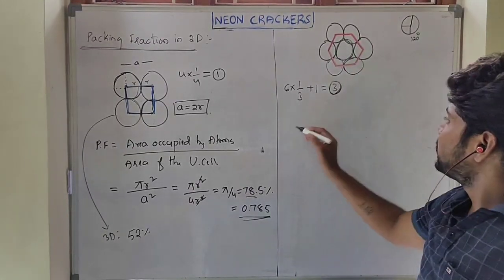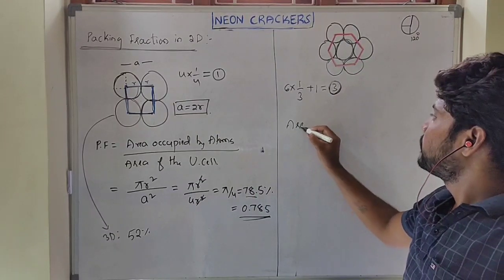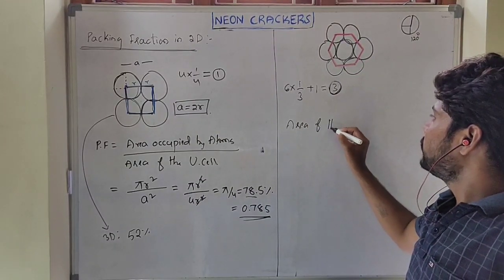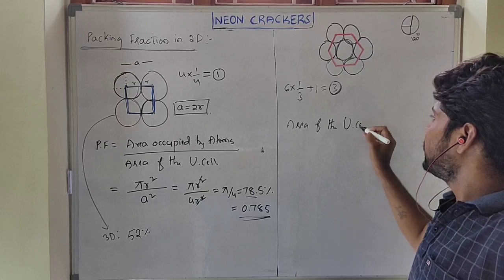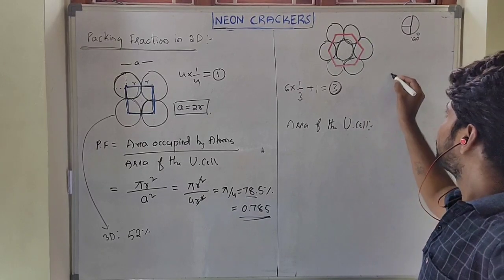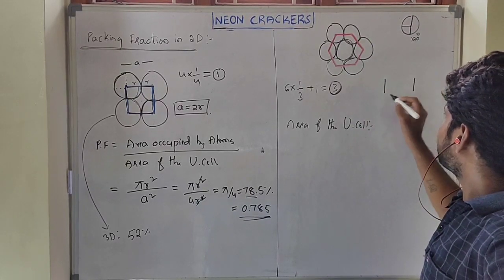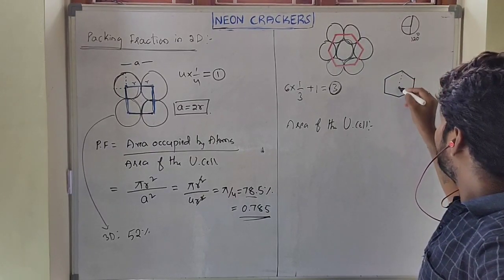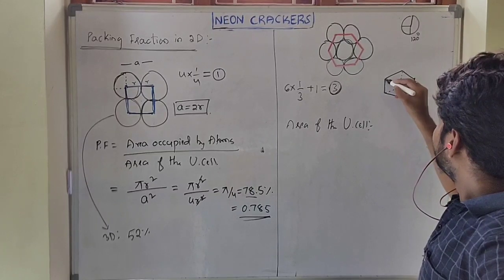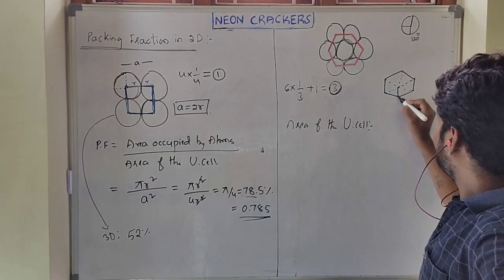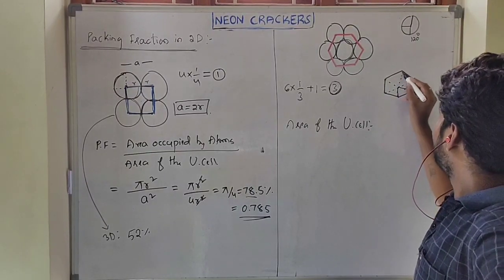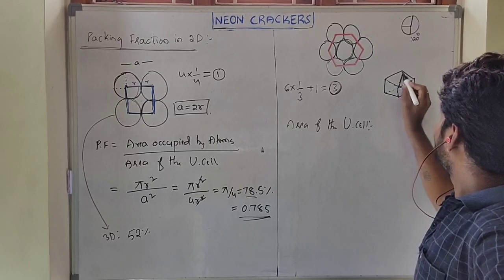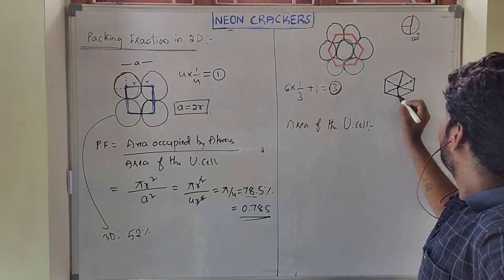And what is the area of the unit cell? This is the hexagonal structure. If we draw perpendicular lines, we get 6 equilateral triangles: 1, 2, 3, 4, 5, 6.